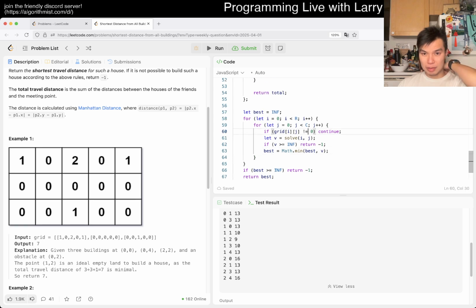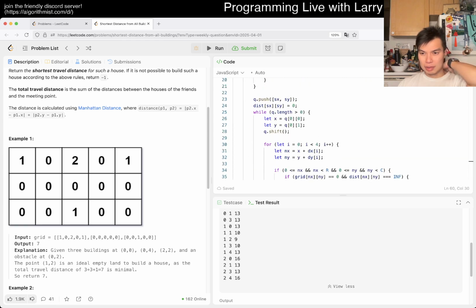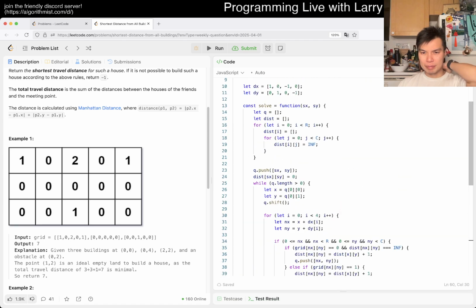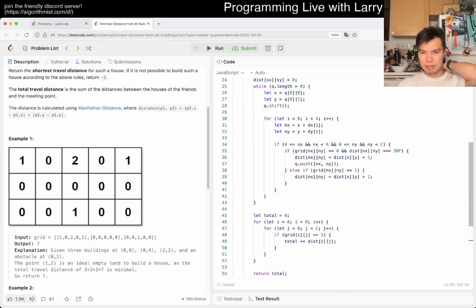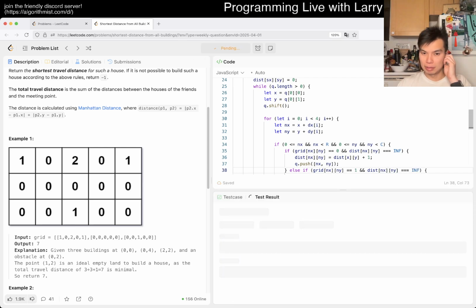Okay, that's fine. Restart. Oh, I see. This has to be min. Either min or that has to be infinity, because I keep on updating it. I think that's why. Yep, okay.